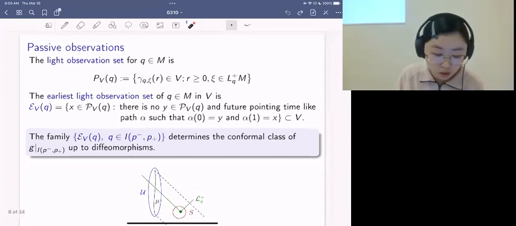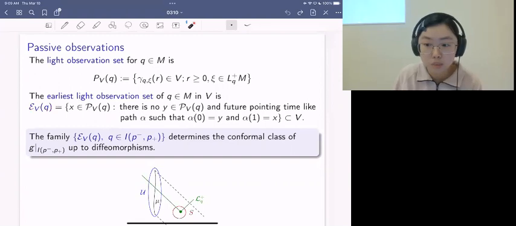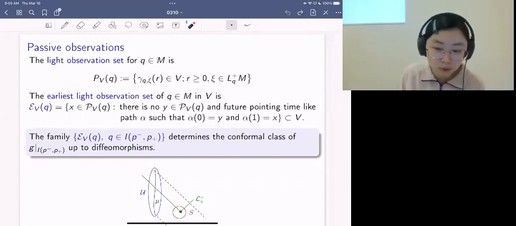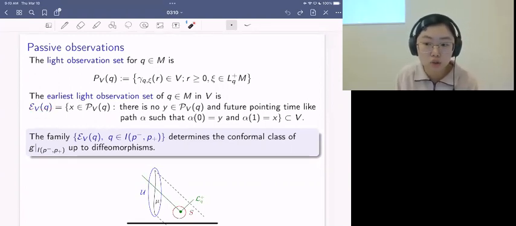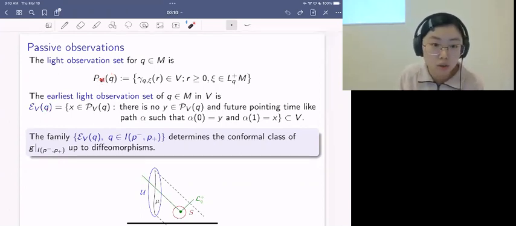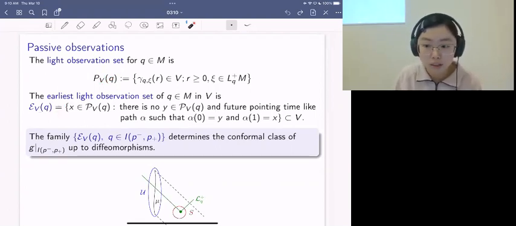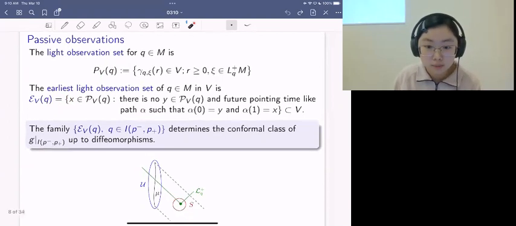So this set has some nice properties. For example, its regular part is a three-dimensional submanifold. So even though we might have some caustics caused by the cut points in the light observation set, the regular part of this one is still a smooth submanifold.